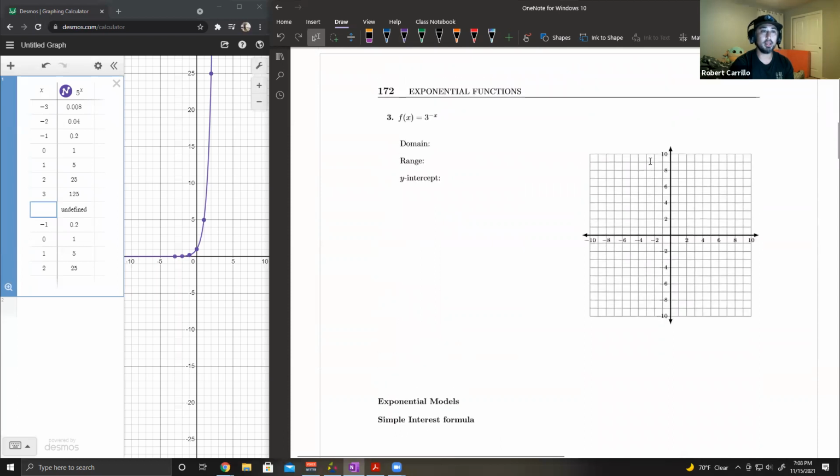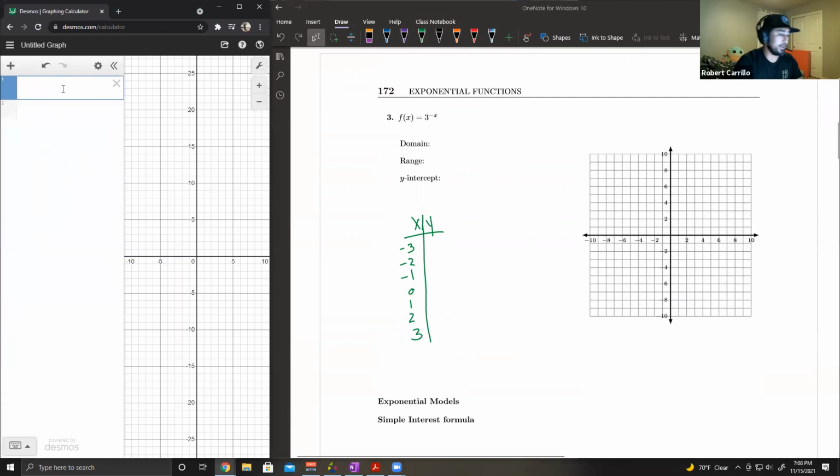Let's do it one more time. So we have 3 to the -x. So we'll do the exact same thing here. XY chart. And pick our favorite numbers, -3 to +3. Okay. And this time that x is negative.